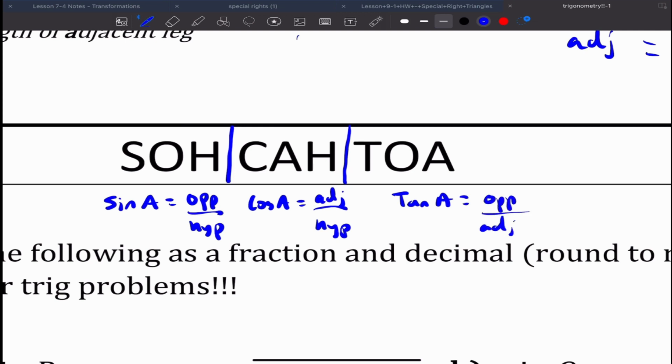Okay? So hopefully, remembering the SOHCAHTOA will allow you to work through these problems. And you don't have to sit there and think through or go back to your reference sheet so much. But if you only know SOHCAHTOA, you wouldn't waste so much time. That's what I'm trying to say, okay?